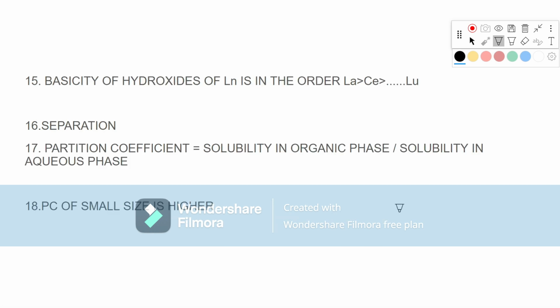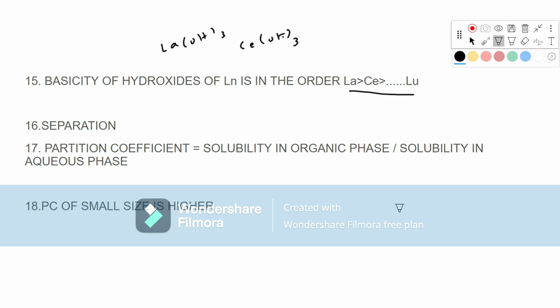Basicity of hydroxides of lanthanides. Suppose you take La(OH)3, next Ce(OH)3. If you take the hydroxides of lanthanides like this, what is the basicity order? La(OH)3 is greater than Ce(OH)3 is greater than something, up to lutetium.